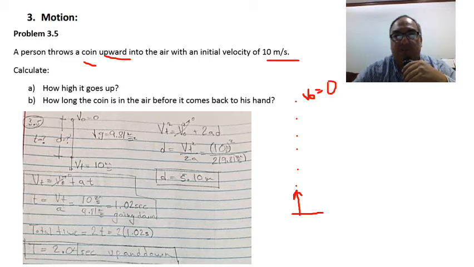We have no velocity, and then it starts going down, down, down, and at the end here, we will have the same velocity, but this will be final now.